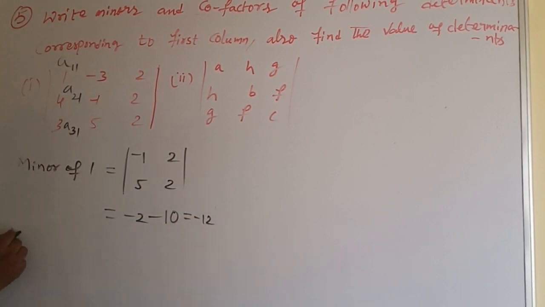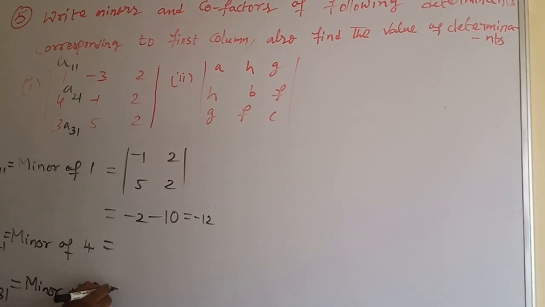Next, minor of 4. In other words, we can call this A11, A21, and next one it is A31. This is minor of 3. Okay, so these we need to find out now.